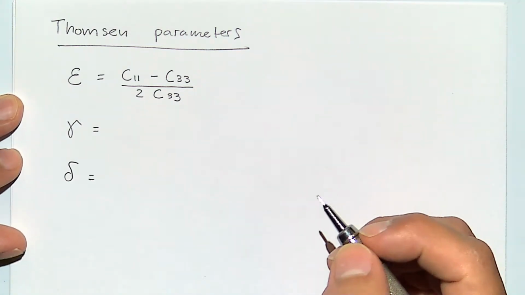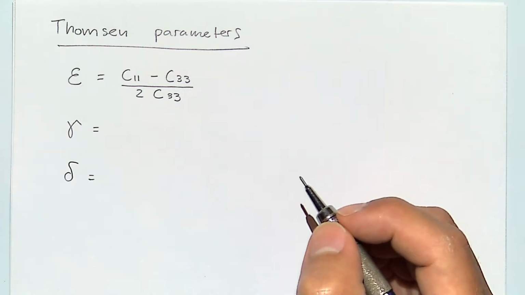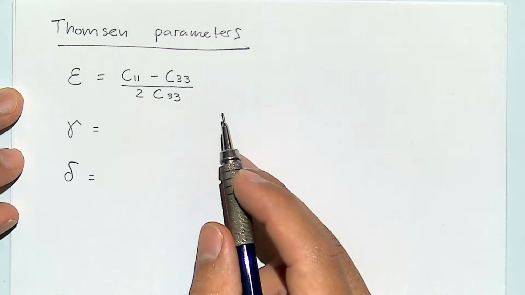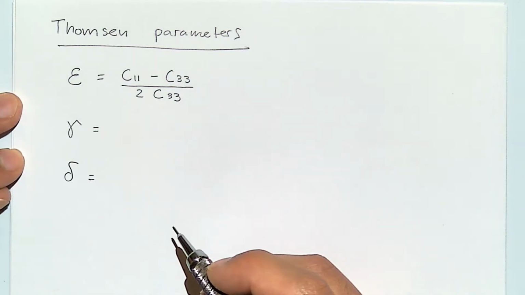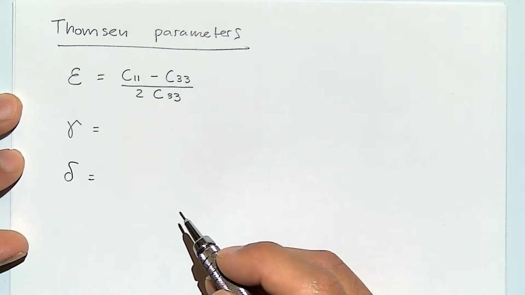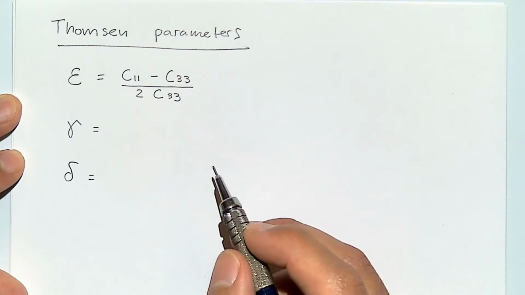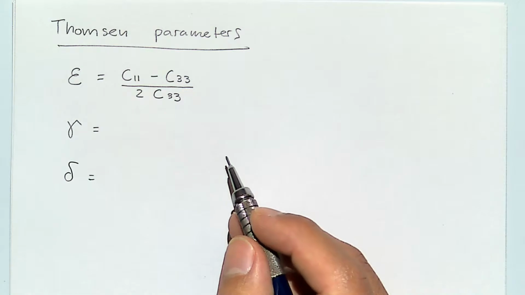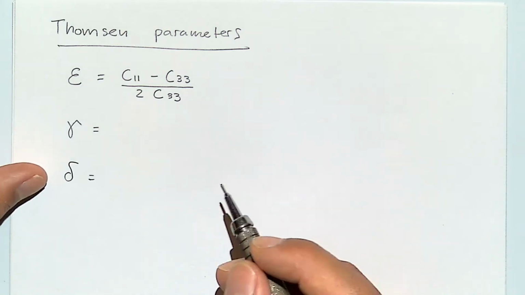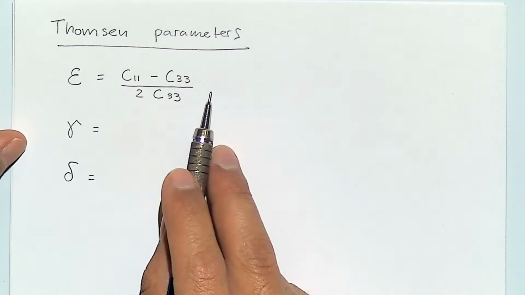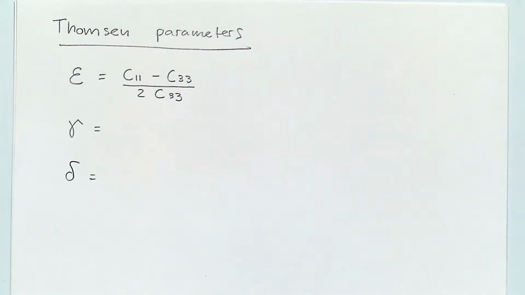Is this value going to be positive or negative for TVI media in the absence of fractures? Which is larger, C11 or C33? C11, right? So this is going to be positive, and it goes in general for anisotropic rocks from 0.1 to 0.4.